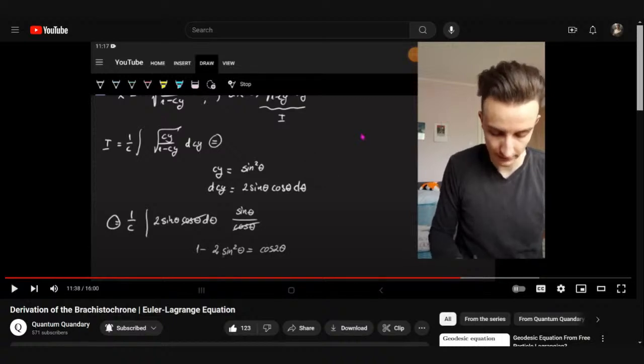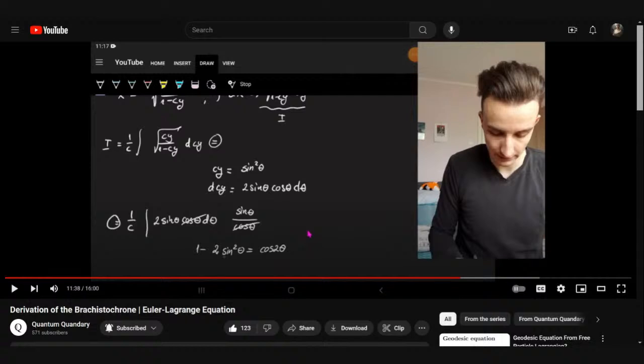So that means, let's see, we have 2 sine squared theta d theta. So what is he saying? He's saying 2 sine squared, so he's putting a 1 minus here, and he's saying this would equal cosine 2 theta.